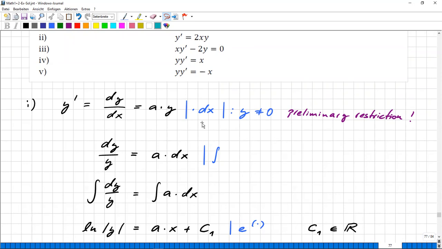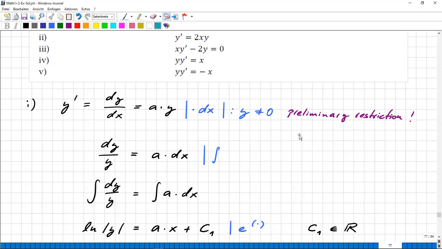So that's nothing special, you know it. We've had this all the time, but this time, this is, you could say, a preliminary restriction. The reason why it's preliminary is it will turn out, in most cases, in the end, that y equals 0 is not a problem at all.